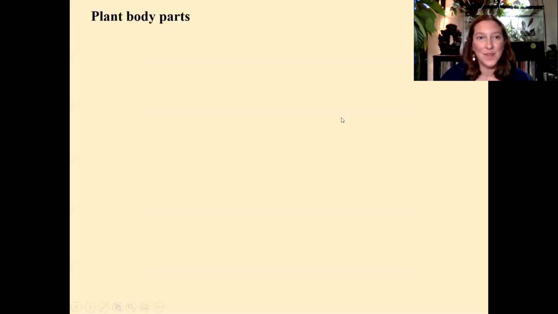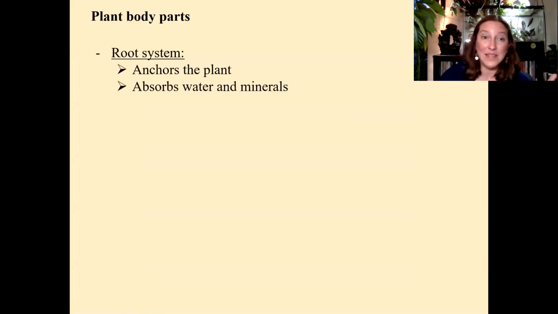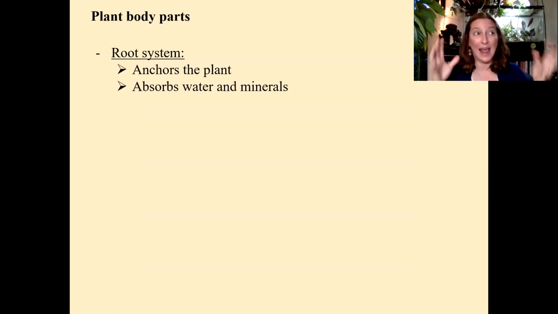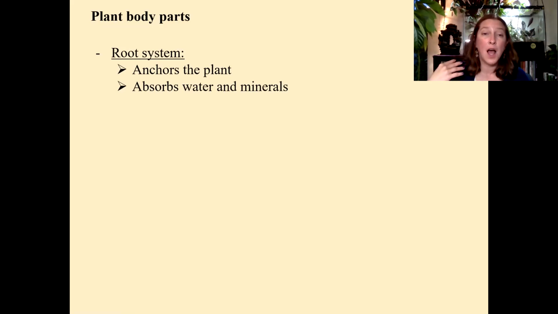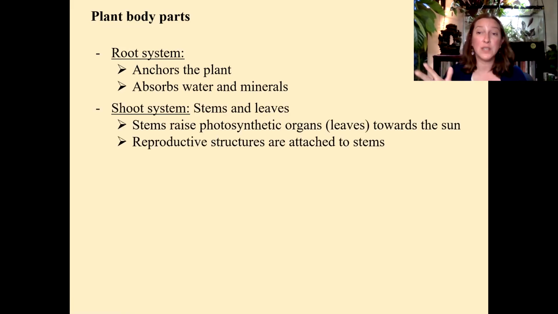All right. So we have these different systems. We have a root system, which serves to anchor the plant to the ground. Most of the time it's in soil. Sometimes it's anchored to a rock or something like that. The root system also absorbs water and minerals. So that's what the root system does. Then you have the shoot system that I mentioned.